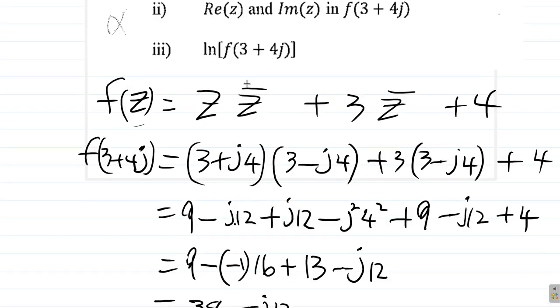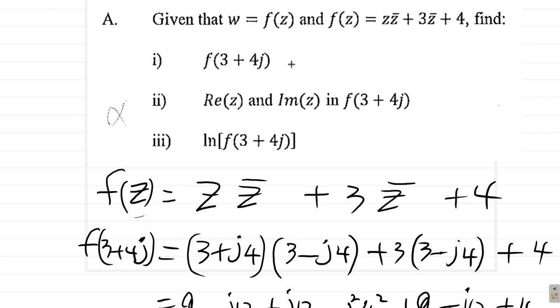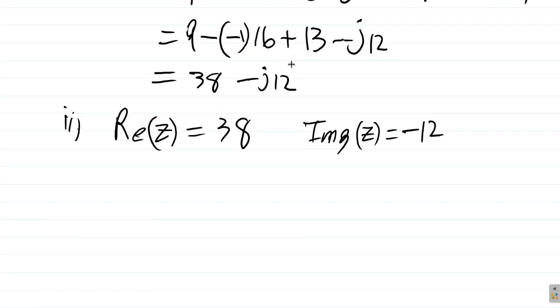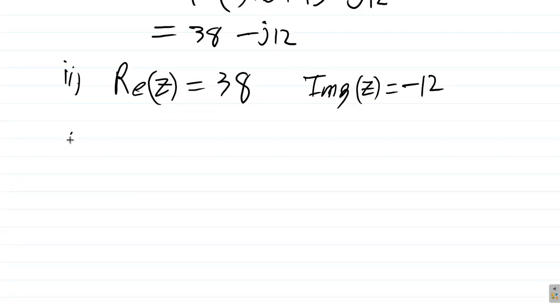Find the natural logarithm of f of 3 plus j4, or j4 as we call it. So we're going to find ln of 38 minus j12.